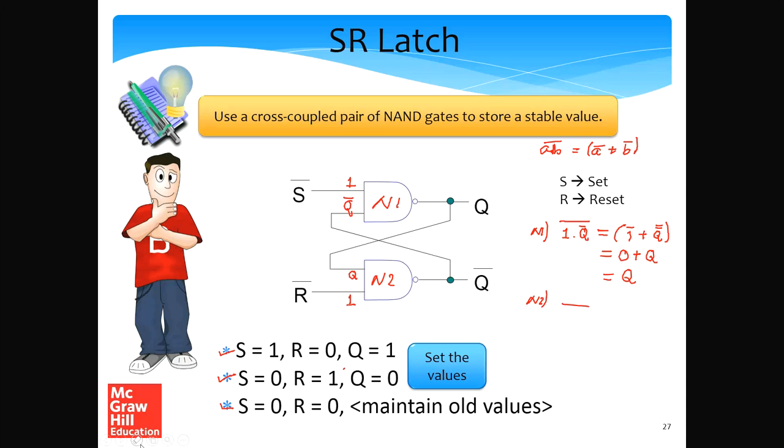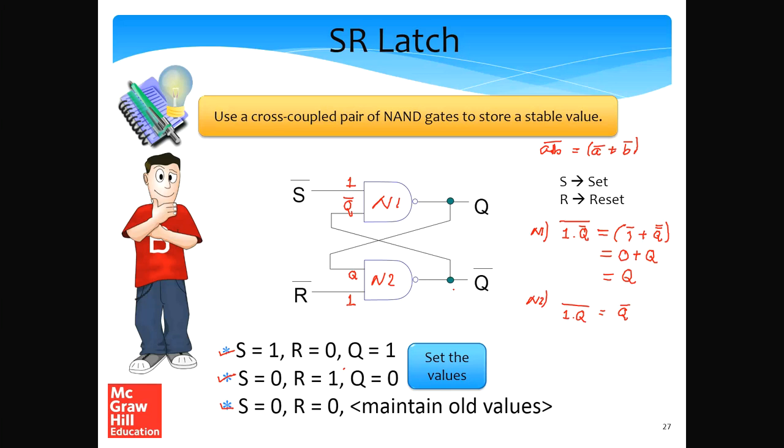Yeah, that fixes it. So what we are doing here is we are computing 1 ANDed with Q, the entire thing complemented. So 1 and Q is Q, so this is equal to Q bar. Right? So basically what happens is that if we set S as 0 and R as 0, which means we are not trying to set the value, neither are we trying to reset the value, then the old values of Q and Q bar in a sense continue.